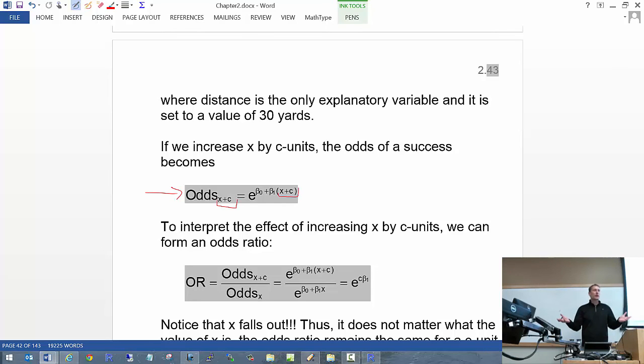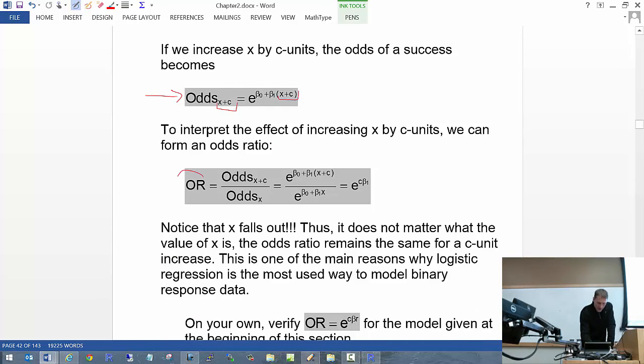How do we compare two odds? Well, we take the ratio. So my odds ratio, or OR again for short, is the odds of success at X plus C over the odds of success at just X.